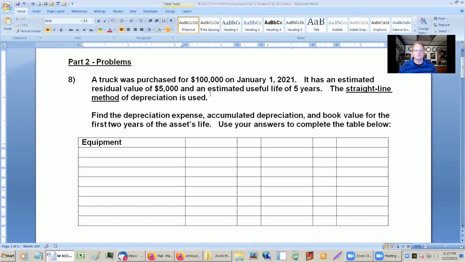All right, so we take the cost, the cost of it less the residual value divided by the years. So cost is 100,000, residual value is 5,000, and then it has a life of 5 years.